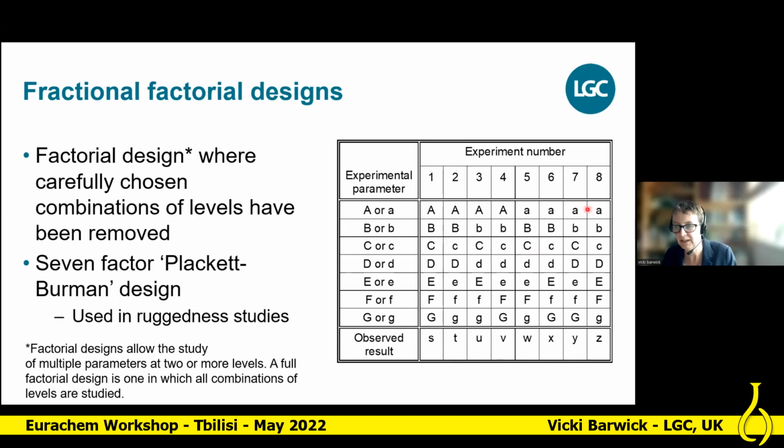And what's actually shown here on the slide is a 7-factor Plackett-Burman design. So this is allowing us to look at 7 different experimental parameters at 2 different levels, and that's in 8 experiments. So that can allow us to perhaps screen to see whether there are some particular steps in a method that are critical.